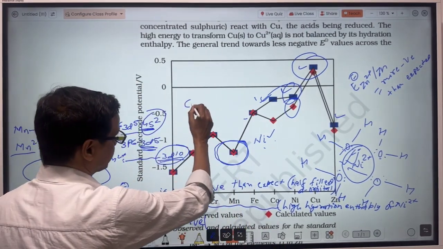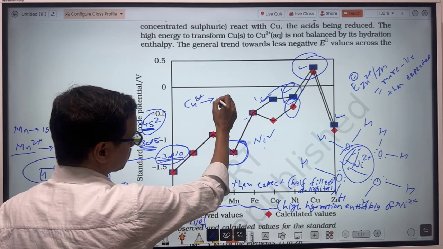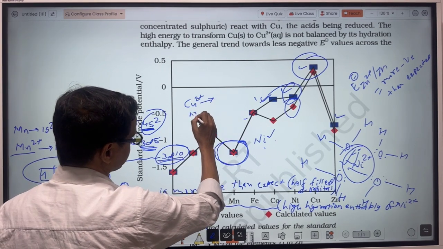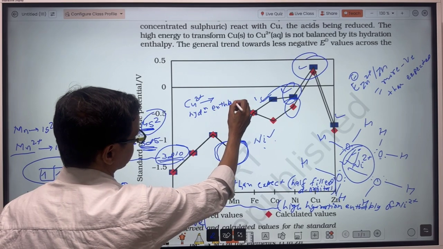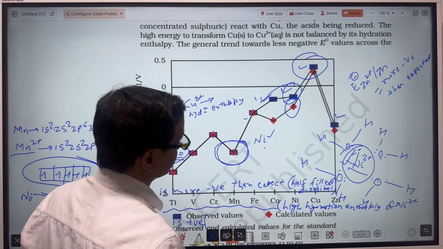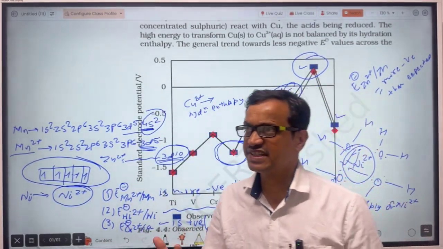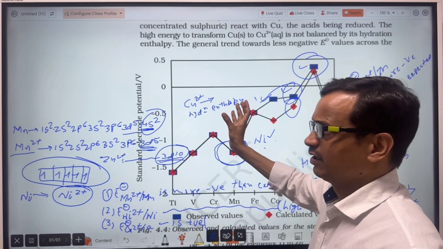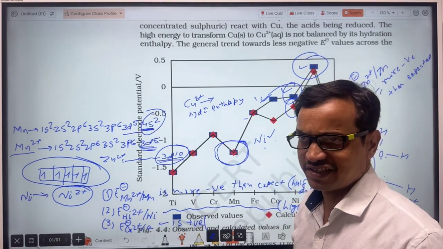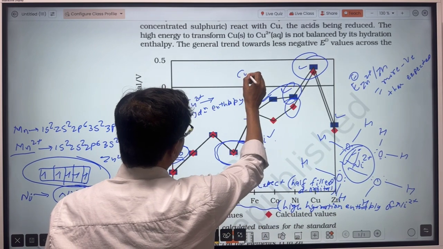The hydration enthalpy of Cu2+ is not too high, but the ionization enthalpy is very high. The hydration enthalpy will not overcome the ionization enthalpy. Suppose here is Cu2+.